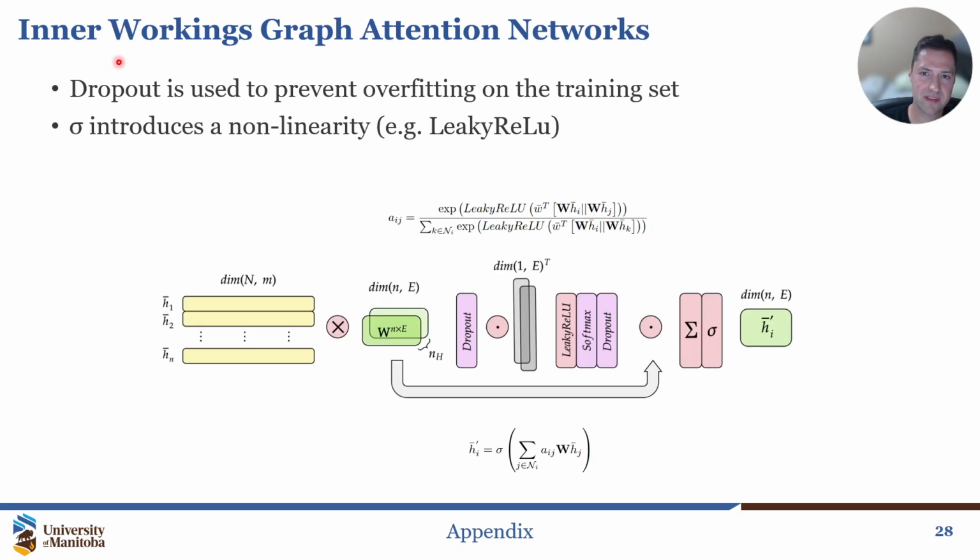There's maybe a question that came up even in the original presentation about how the inner workings of the graph attention work. There are a few things added in this model that weren't discussed, but they're fully covered in the full paper, which is that dropout is used in the model. So dropout here, dropout there. What is dropout in effect doing?